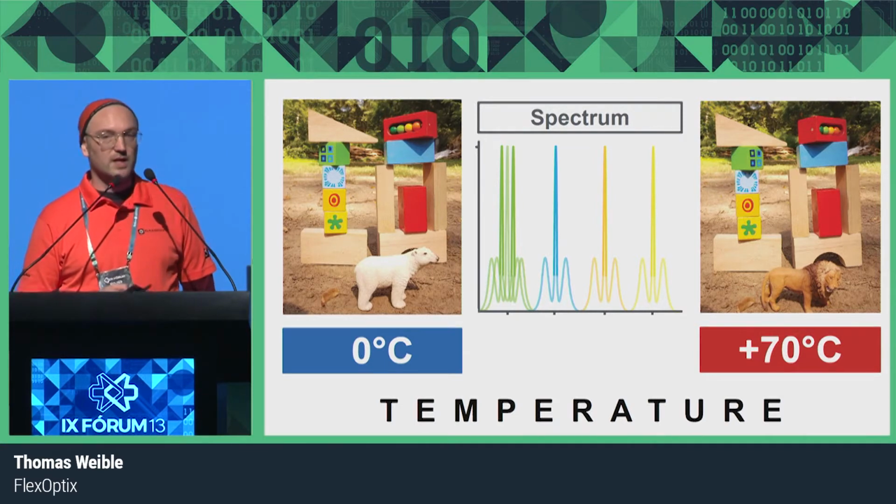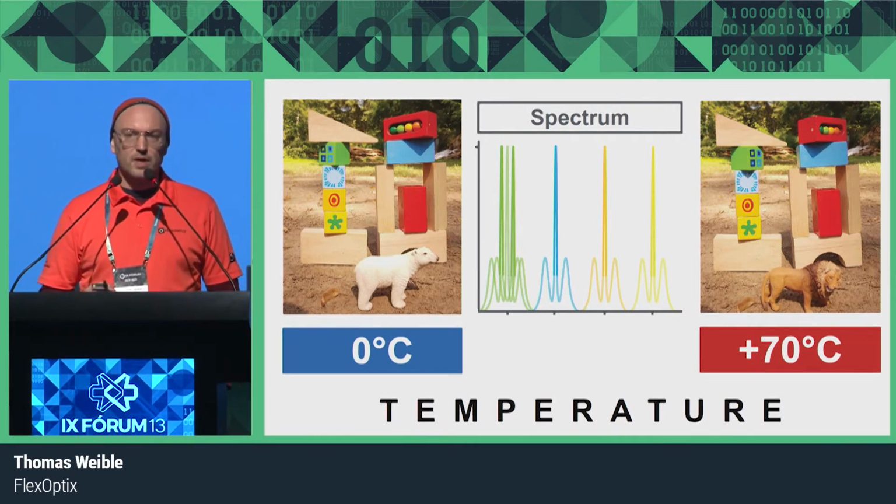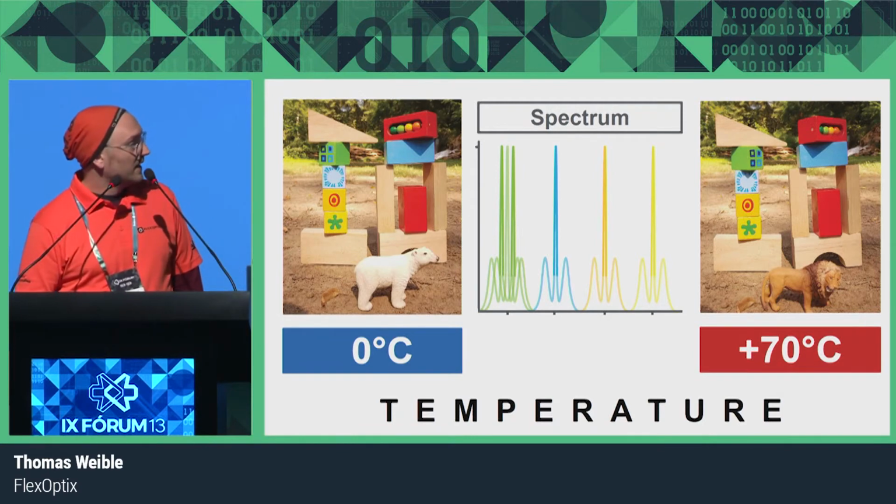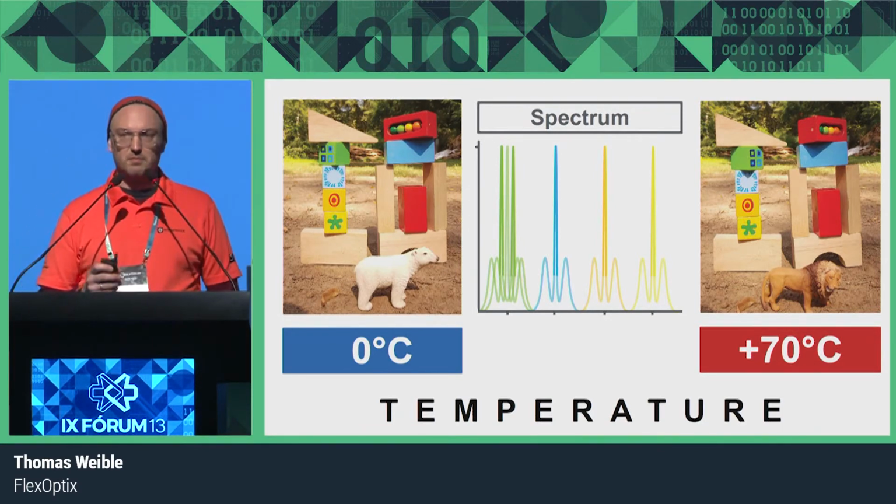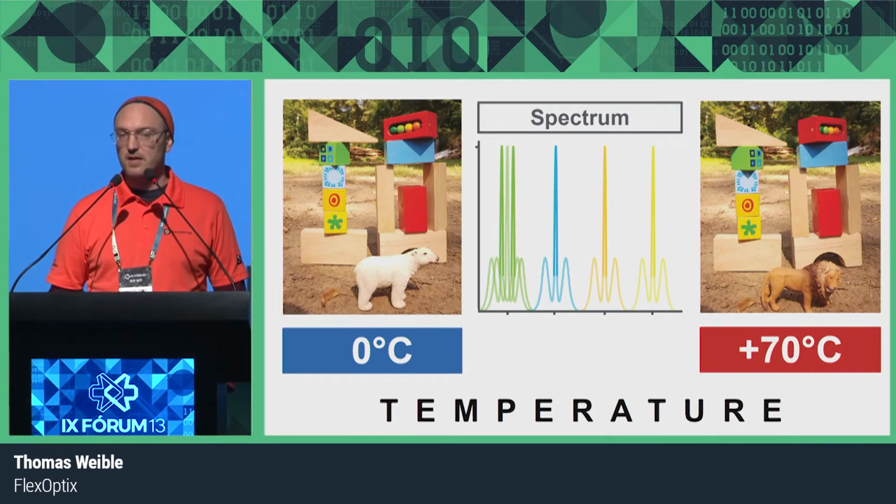We figure out that one laser is drifting a little bit, and we wait until this laser is stabilized again. And then we say, well, check. Then we heat it up to 70 degrees centigrade and do the same measurement, wait until it's stabilized. The part has passed the test.